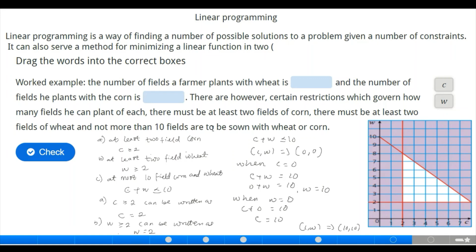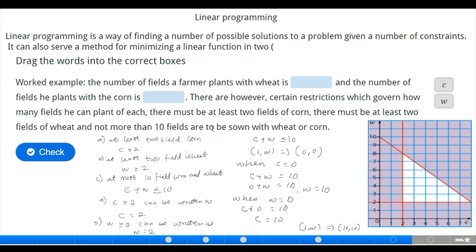Now, what we are talking about is that when you have a word problem and we want to represent it using inequalities and represent our solution on the graph, then linear programming comes into place, and we can actually minimize that problem. That's the basic method for a linear programming problem.